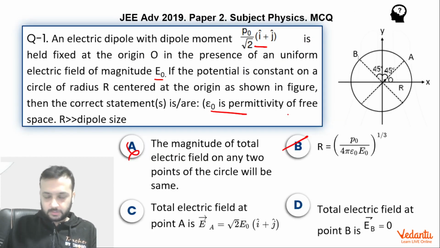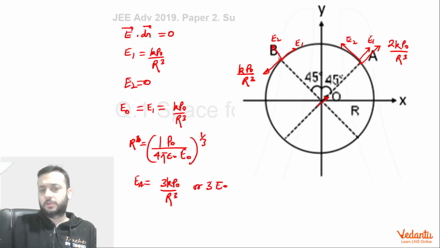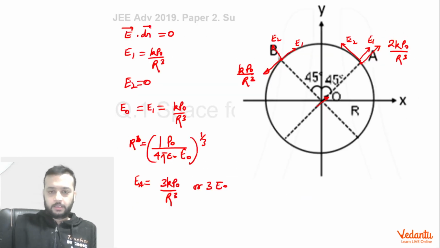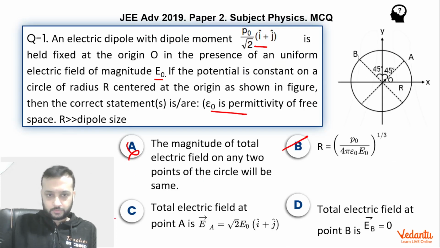So which does not match, because if you write that in vector form also, it will be i cap by root 2 plus j cap by root 2. So again, you can see it's not matching. So this option is wrong.